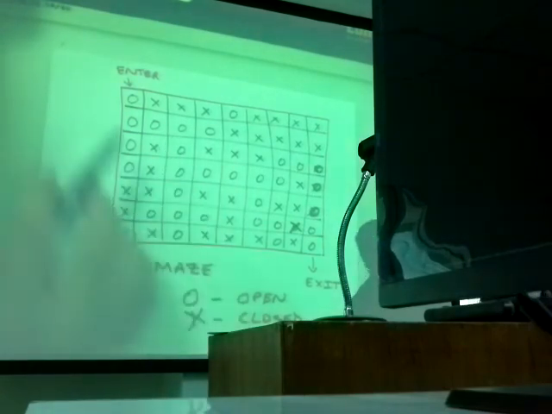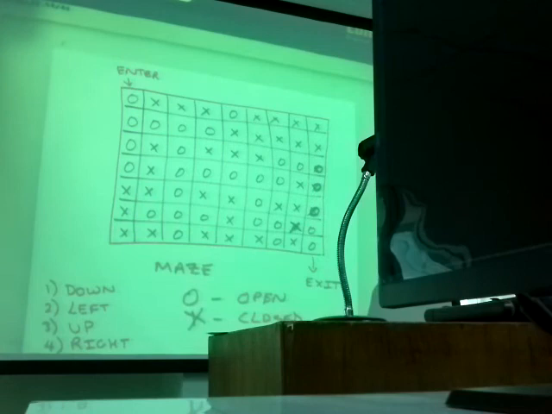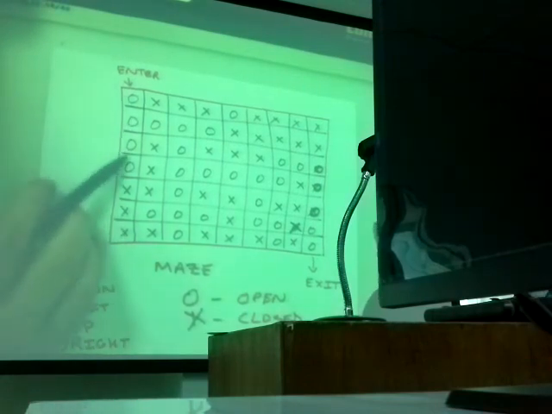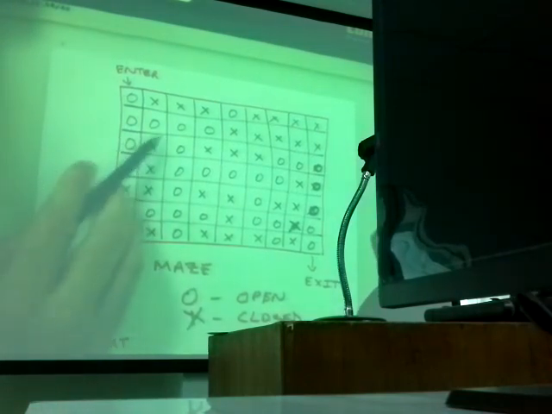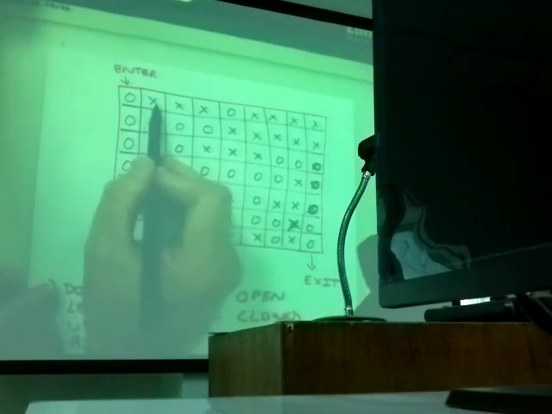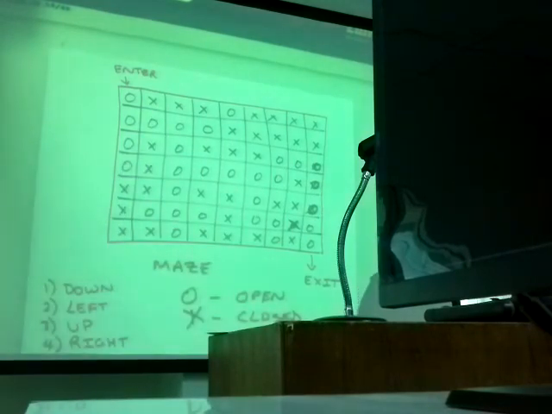So that means if I'm walking, I can walk along the O's, but I cannot walk over an X. You understand? Yes. So as children we play this game, right? This is called a maze.